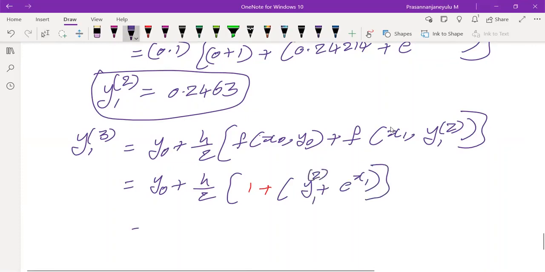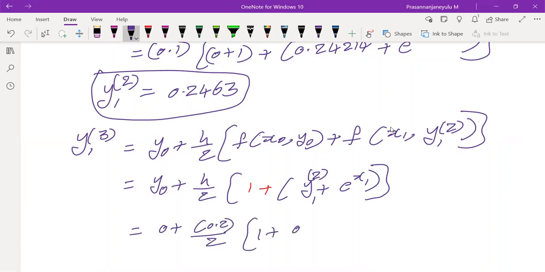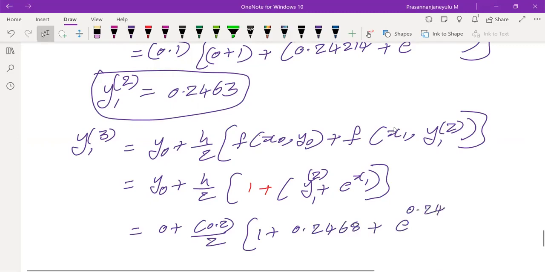Substitute all the values. y0 value is 0 plus h value is 0.2 by 2 into 1 plus the second approximation of y1 is 0.2463 plus e power 0.2463. It is only 3, not 68, it is 63.